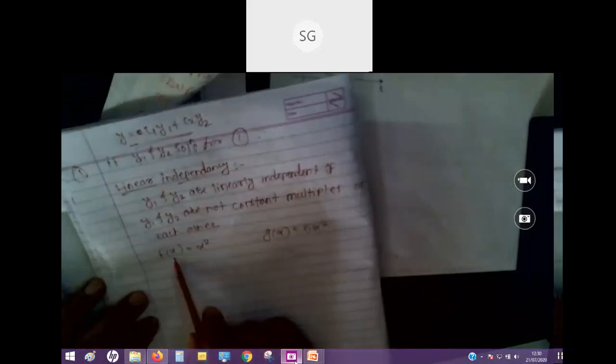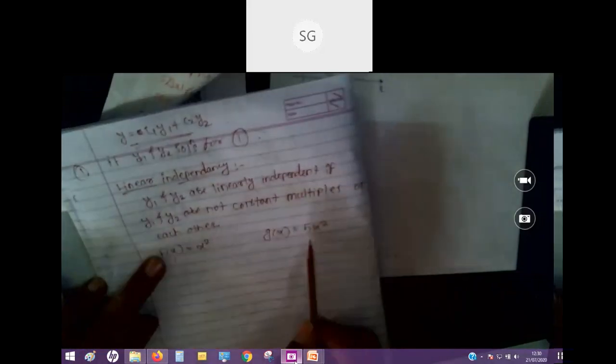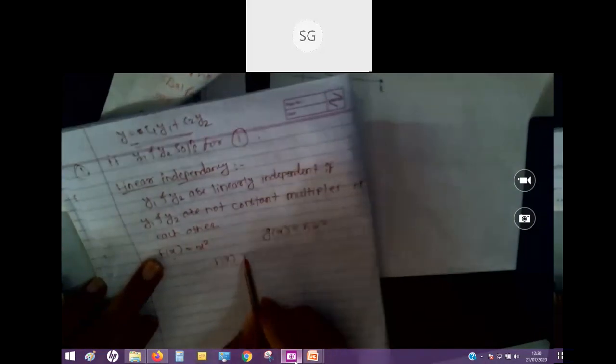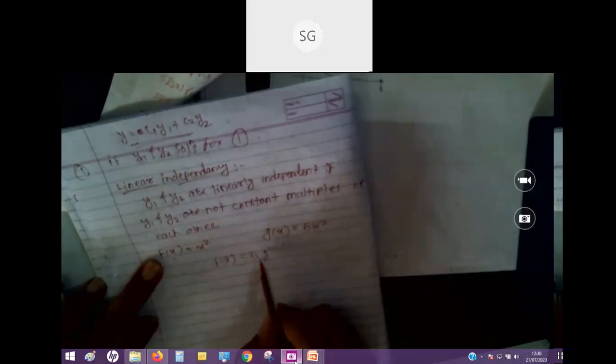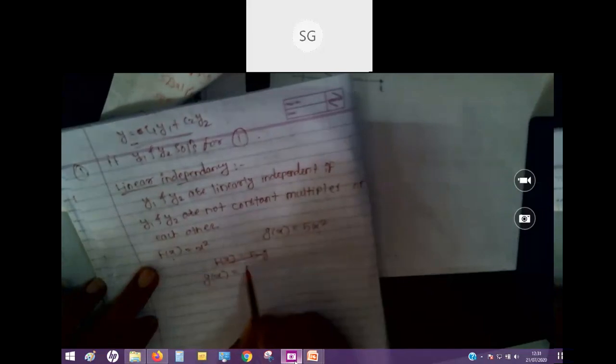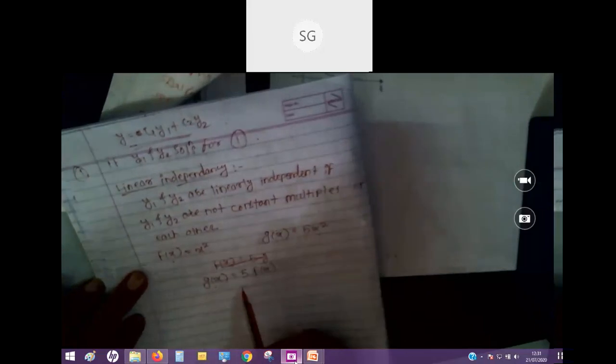If f of x is x square and g of x is 5x square, these are not linearly independent, because g of x is equal to 5 f of x. So both are constant multiples of each other.